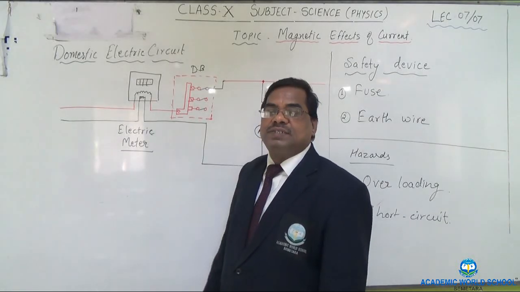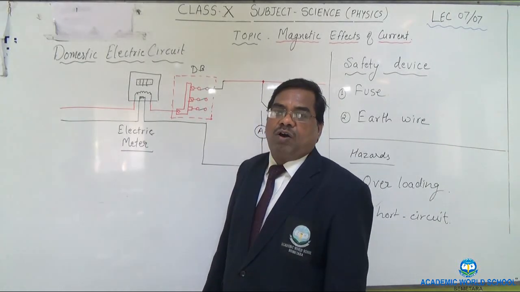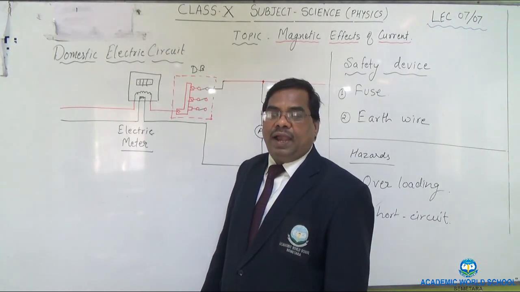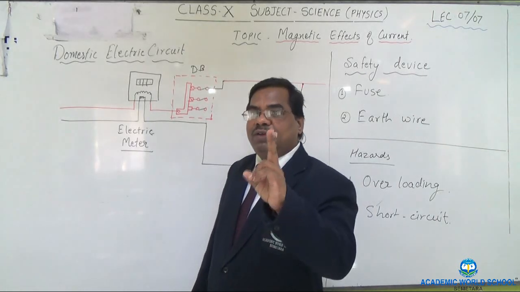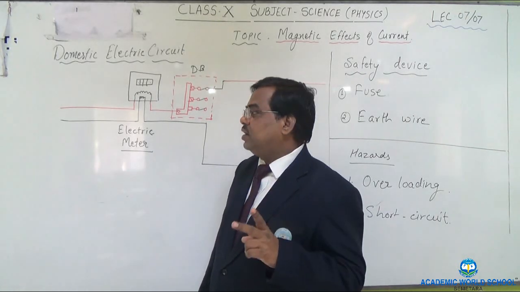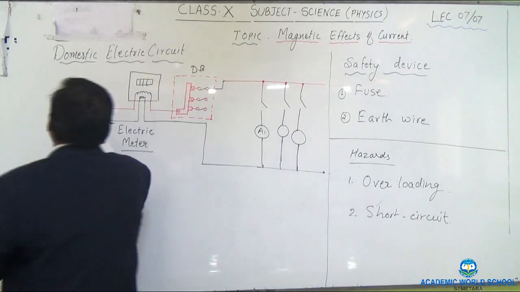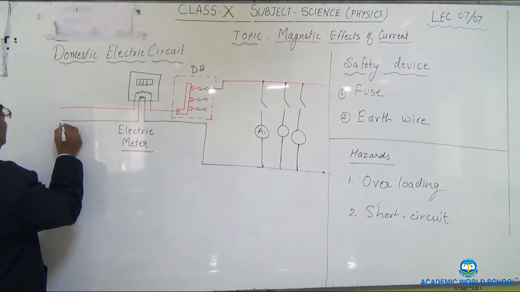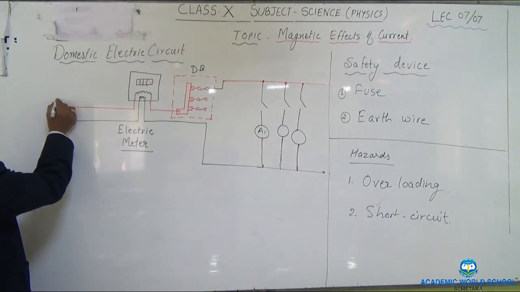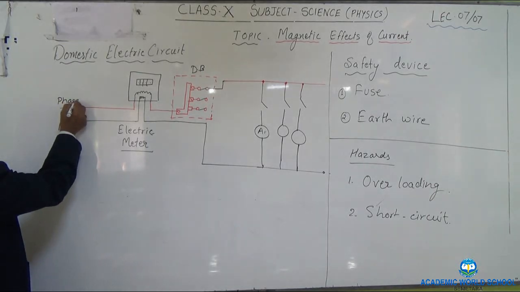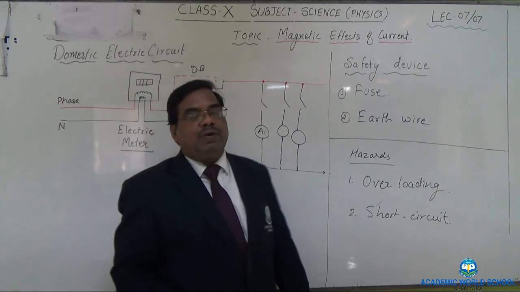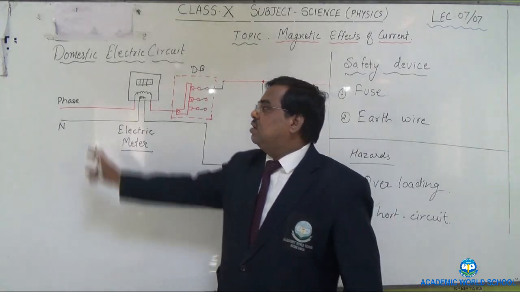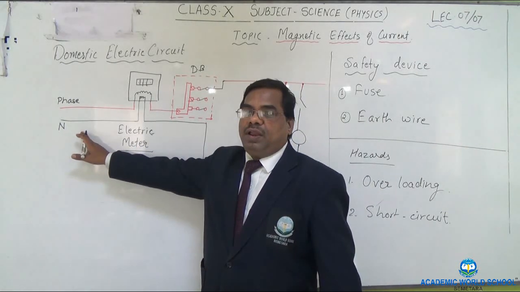supplies the electricity through electric poles or underground system, and they provide two wires, one black one that is called the neutral, and the above one I have labeled is the phase. So there will always be two wires, phase and neutral.